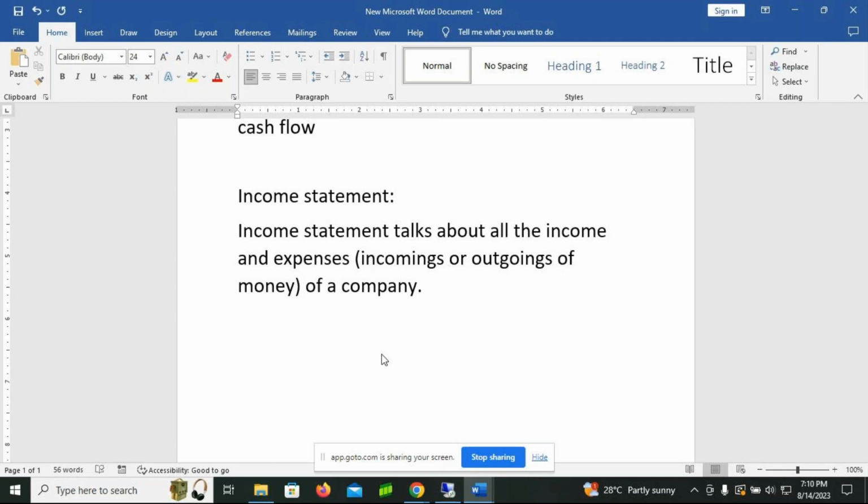So income statement means it talks about the income and expenses, where I can tell the incomings and outgoings of money in a company, okay.